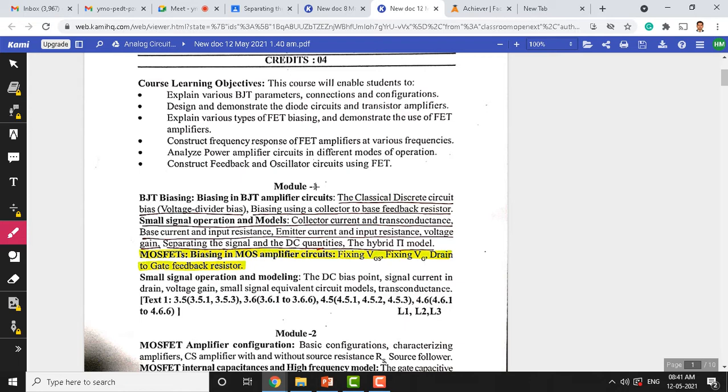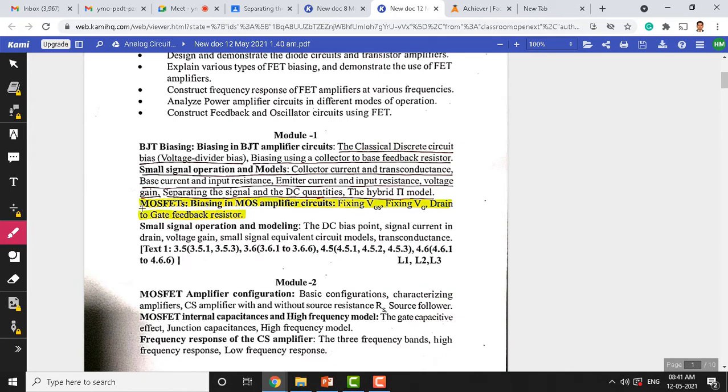Okay, so by this time you should be familiar with the bipolar junction transistor. The fundamentals, even though we don't cover them here, our syllabus starts from BJT biasing, followed by the small signal operation and models, basically for an amplifier circuit. Similarly, here we start with the MOSFETs and a few biasing circuits, then we proceed to the small signal operation and modeling of MOSFET.